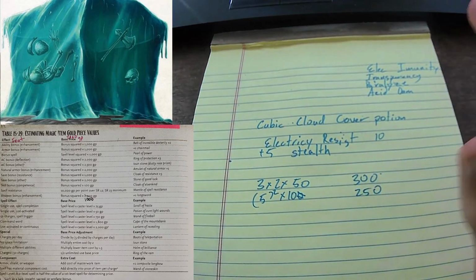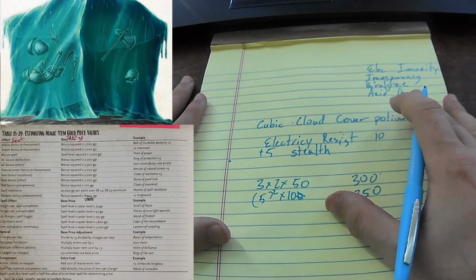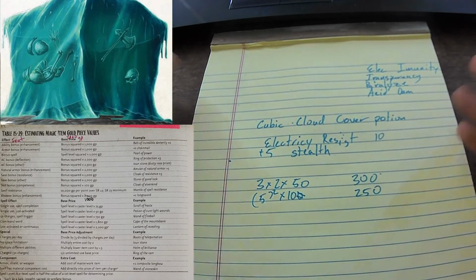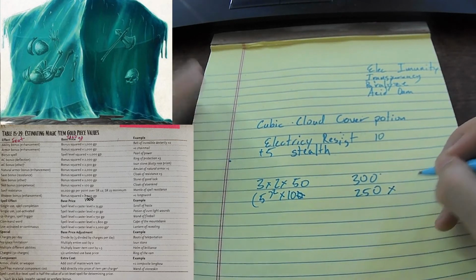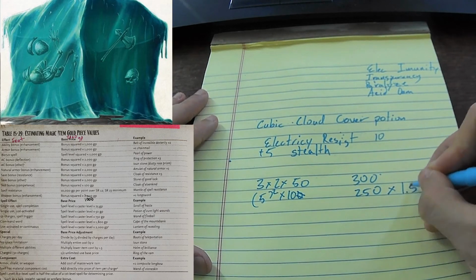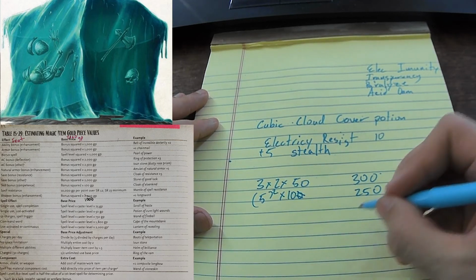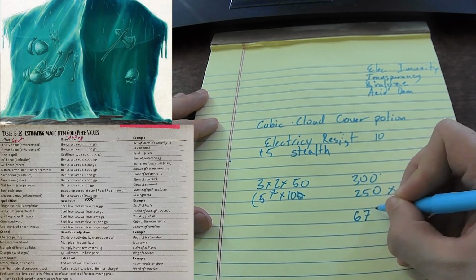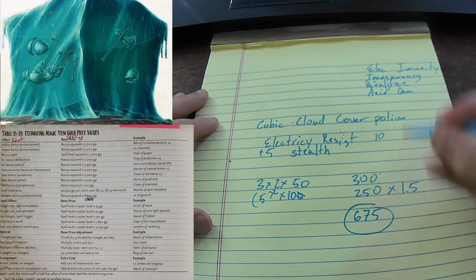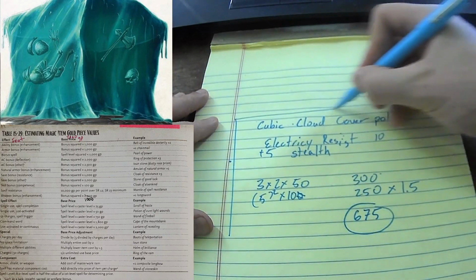Now, these are unlike abilities. If you have unlike abilities on the same magical item, you have to multiply the cost of the lesser item by 1.5. So 250 times 1.5 equals 375. So our total is going to be 675 for our Cubic Cloud Cover Potion.